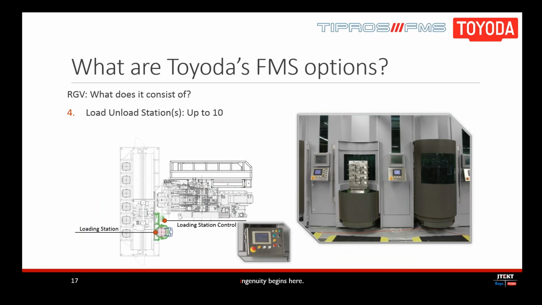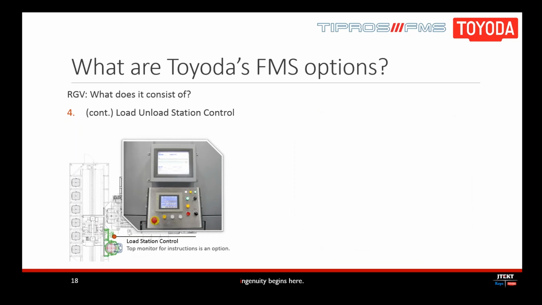Each cell has at least one station for loading and unloading parts. Larger cells with multiple machines can have up to 10 of these stations. Each loading station has its own control. If you look at the far left photo on the screen, you see two displays.